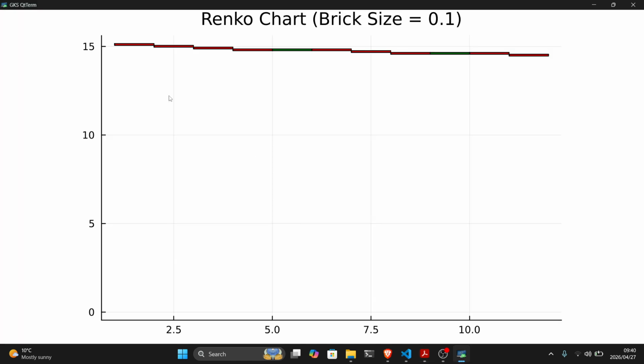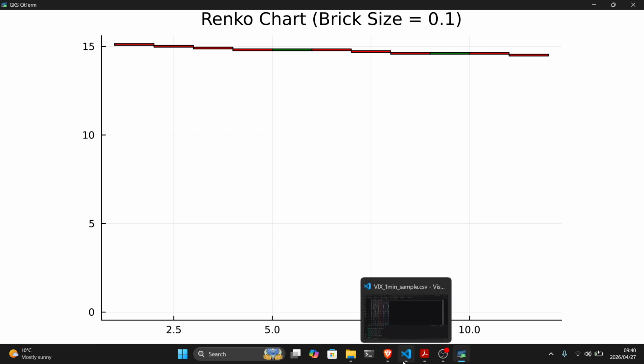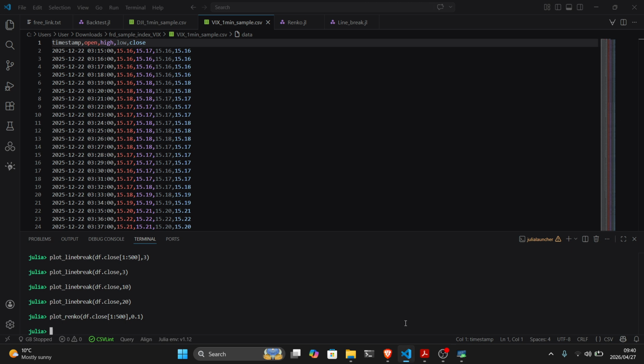Now, as you can see, the red bars are the down bricks, and the green bars are the up bricks. We have about 1, 2, 3, 4, 5, 6, 7, 8, 9, 10, 11. About 11 bricks, and that came from about 500 entries. So we took 500 data points and compressed them to about 10, 11 bars.